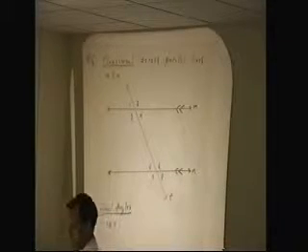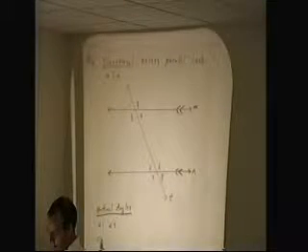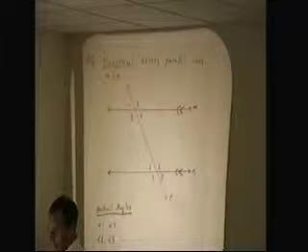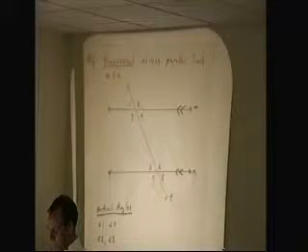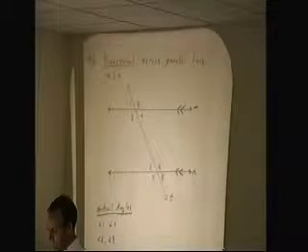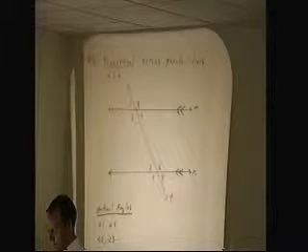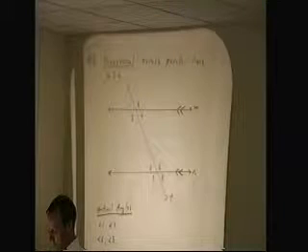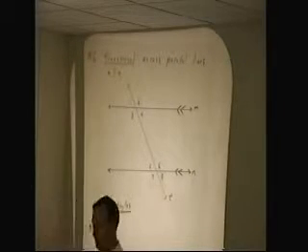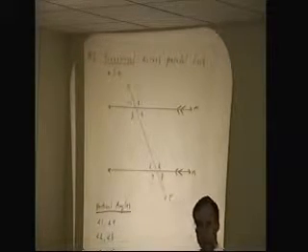There are 4 pairs. What's another pair? 2 and 3. What's another pair? 5 and 8. And 6, 7. Those are called vertical angles.